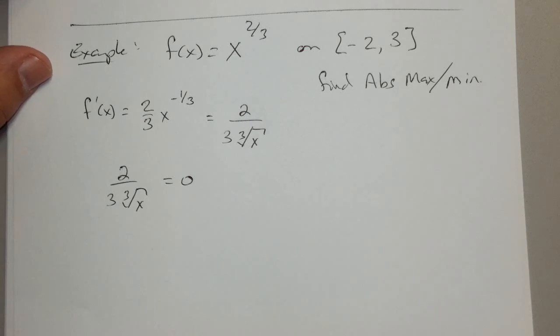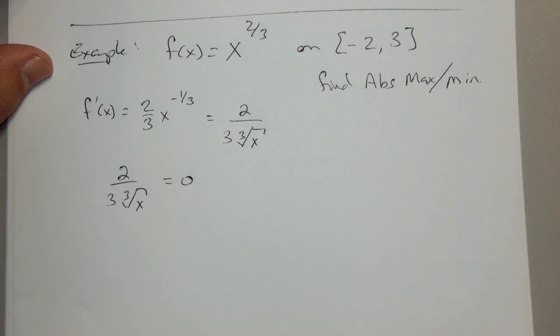What's your conclusion here? What do you remember from rational functions? Well, we can have x on the bottom, but we're not supposed to.